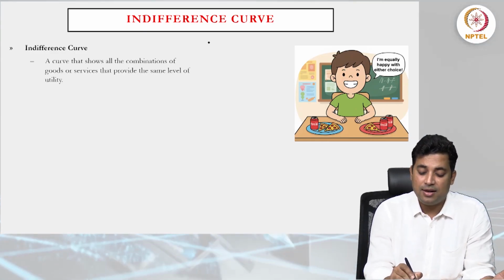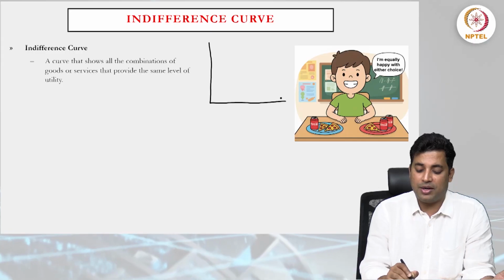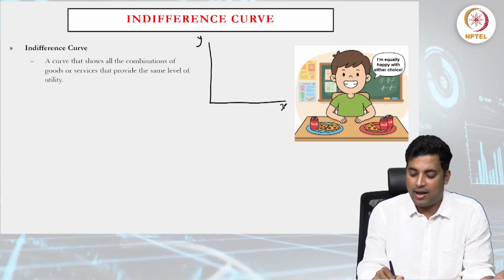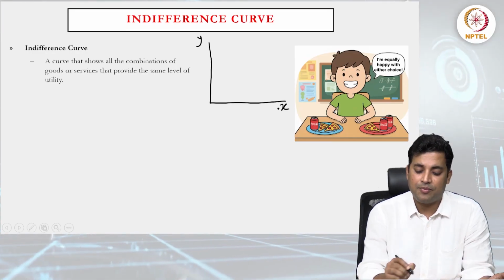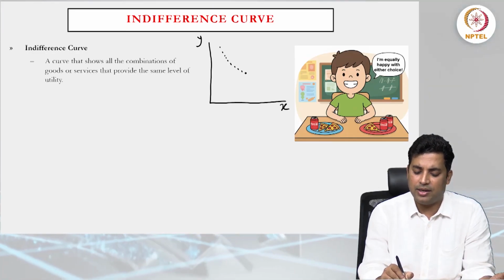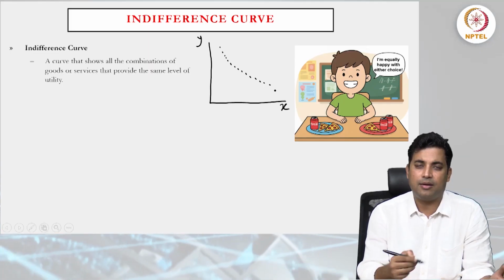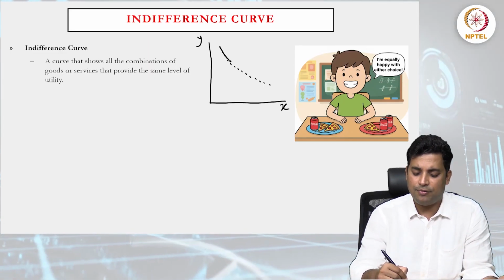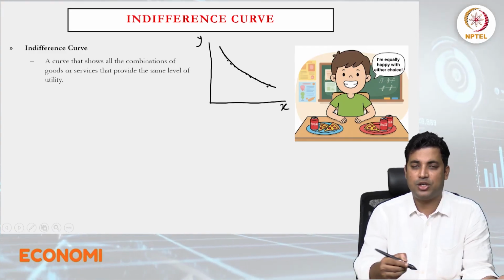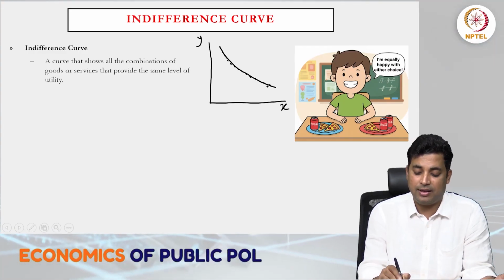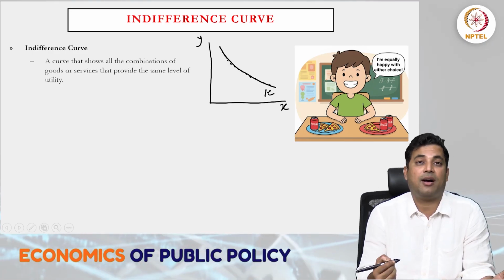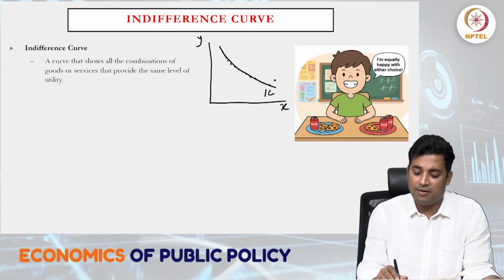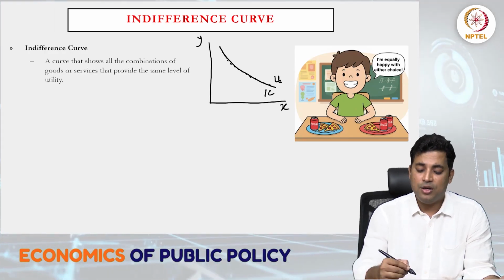For instance, if I consider two commodities, say y on the vertical axis and x on the horizontal axis, then any combination on this curve will give us the same level of satisfaction.